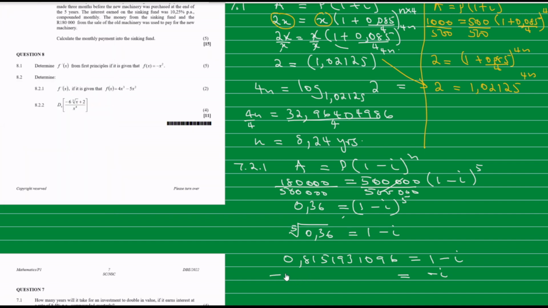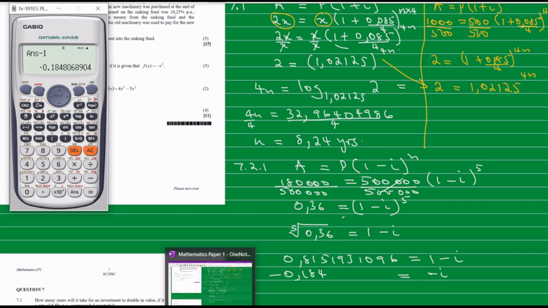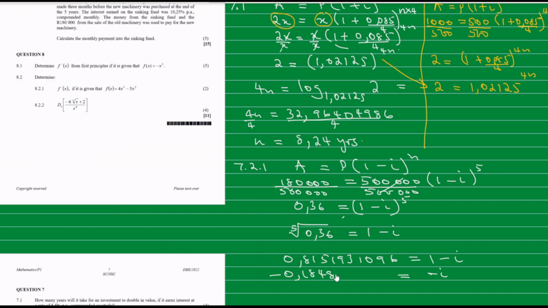So we have a negative 0.18480688904. Now dividing by a negative, I will get my i equals 0.18480, and so on.